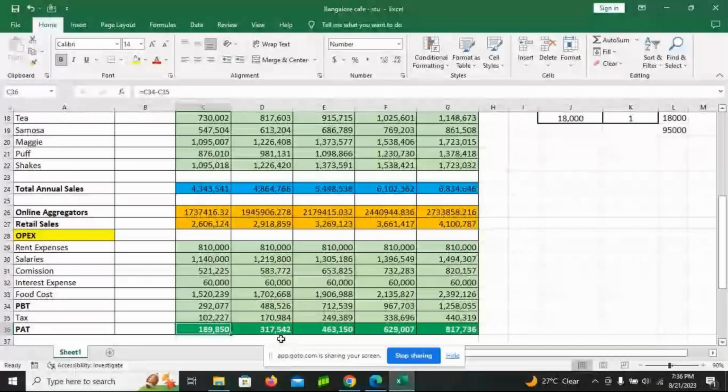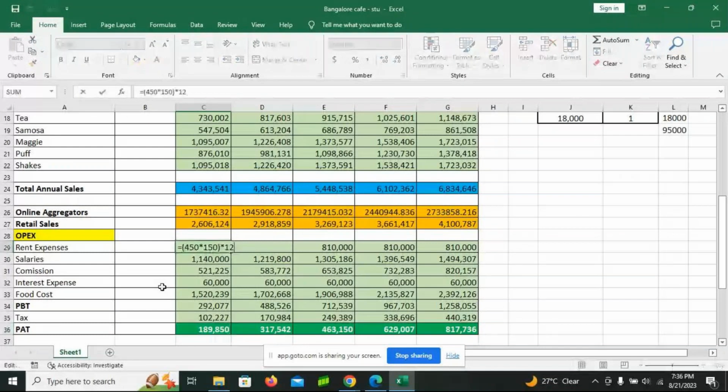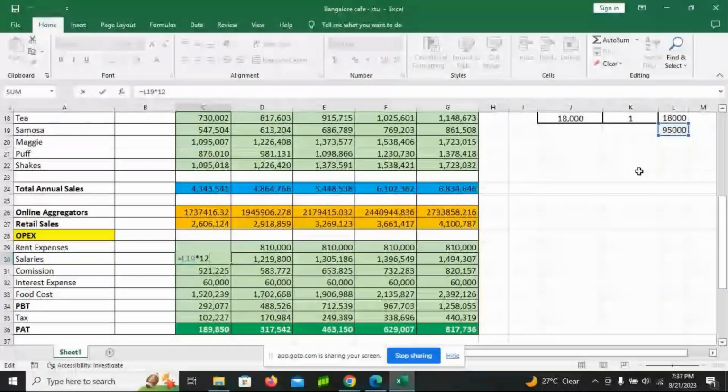Rent expenses will be 4,500 into 150: 4,500 square feet, per square feet cost 150, for 12 months. This is going to remain the same. Salary is 95,000 into 12, increasing year after year by 7%.